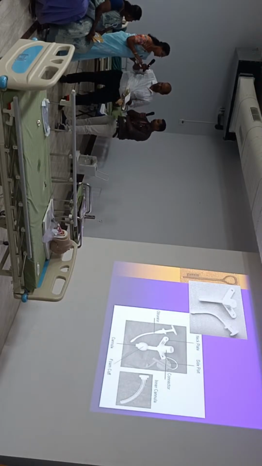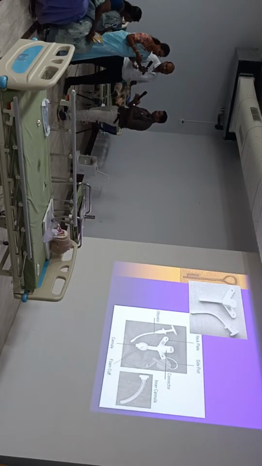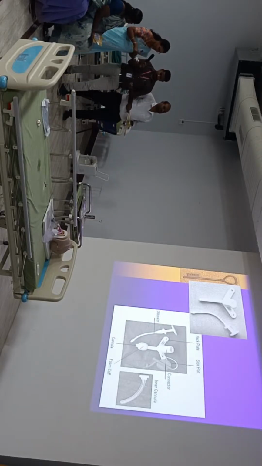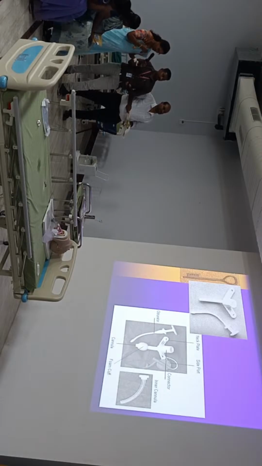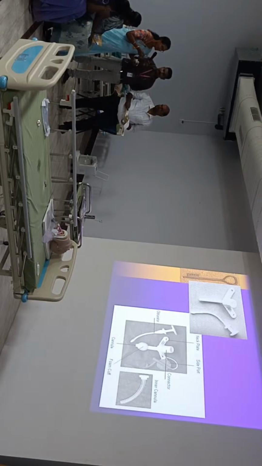This is the cuffed tube and the cuff inflator, and these flanges are to fix it over the skin, and this is for suctioning. Through this we can suck the secretions.